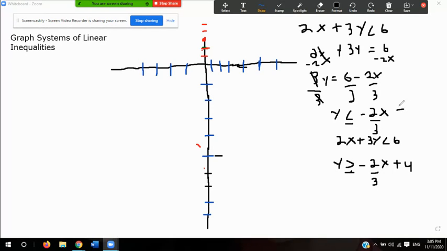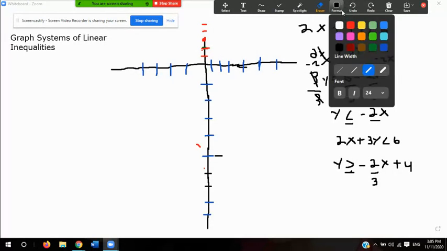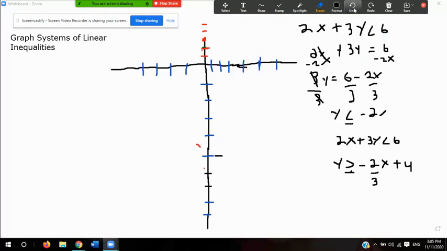Now that I have that, let's go ahead and graph it. Now that I've solved my equation for y, let me erase all this. Y is, I'm sorry, not less than or equal to, I apologize. Let me fix that.